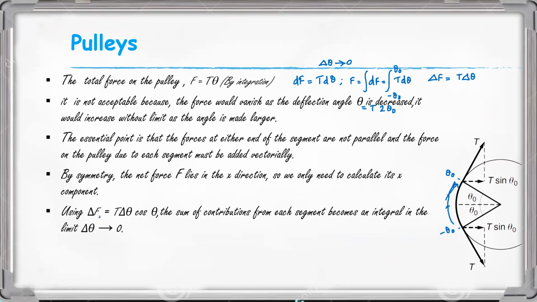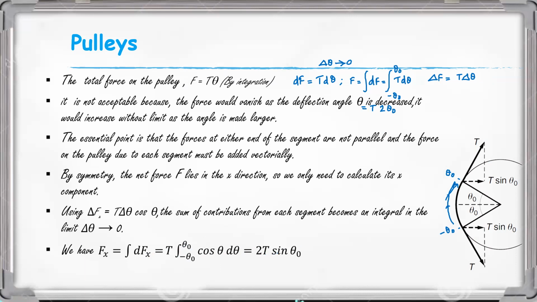This quantity has to be integrated to obtain Fx. Then Fx must be equal to the integral of dFx, that is equal to T times the integral from minus theta 0 to theta 0 of cos theta d theta.